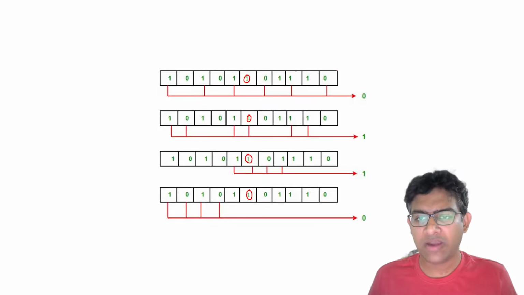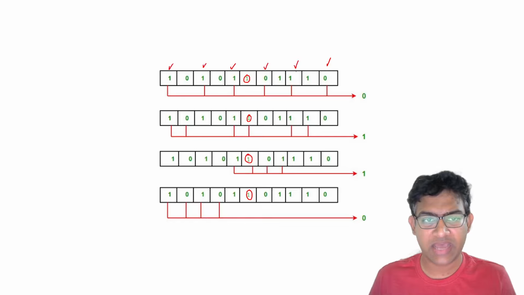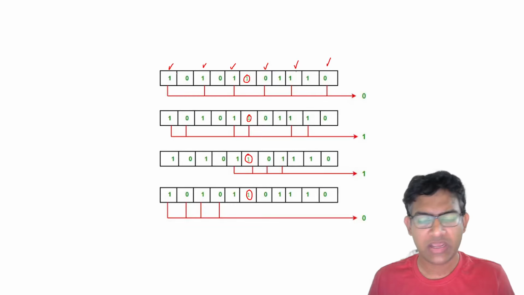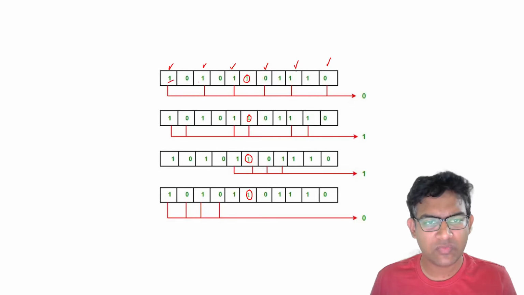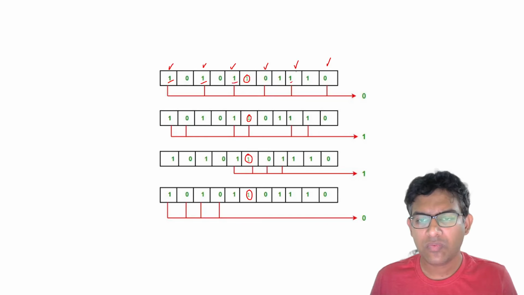So for R1, we look at these positions. As I told you before, we look at the positions where the last bit, the rightmost bit, is a 1. So how many ones are there here? 1, 2, 3, 4. 4 ones are there. So we do not have to add any more 1 to make it even. So we write a 0 here.